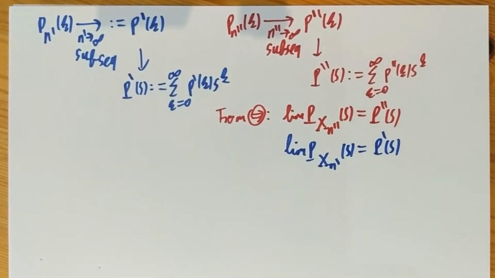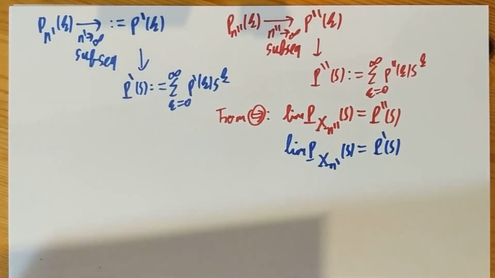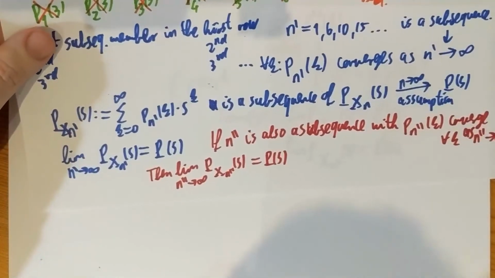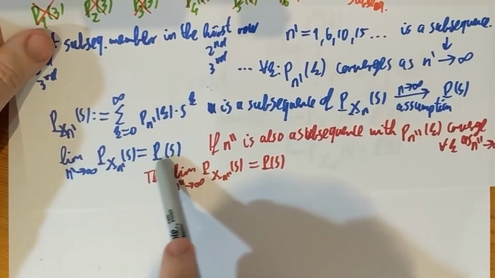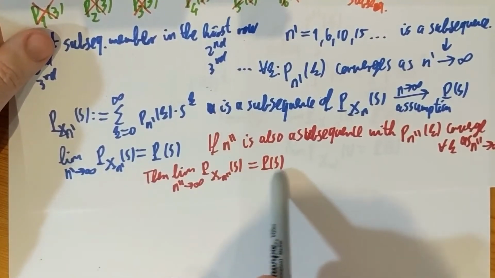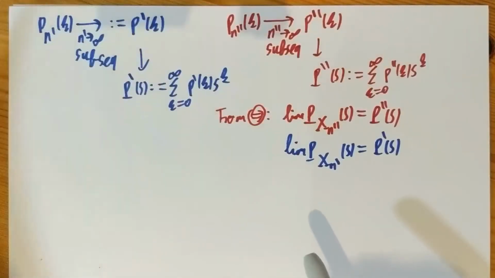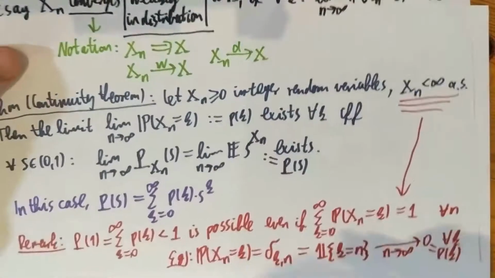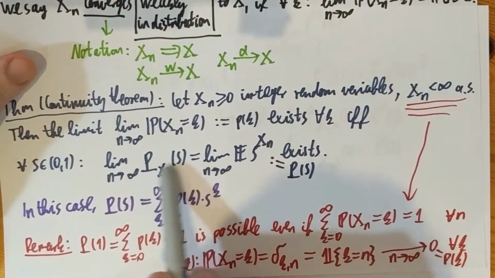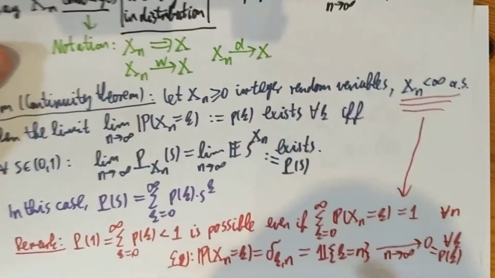However, the bottom of the previous part was that these limits exist and they are equal to p of s both. And that's because we assumed, in the direction we are proving, that the limit of the generating functions exists.